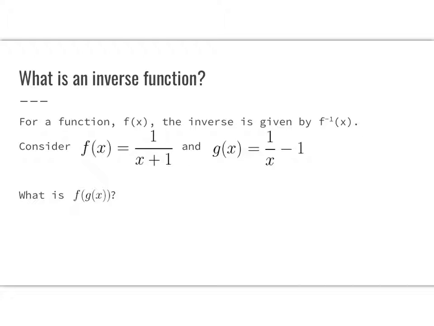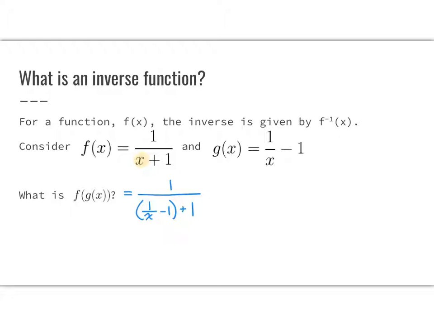So here, what about f of g of x? We're talking about taking this and plugging it in right there. So how is that going to look? It's going to be 1 over x minus 1 plus 1. We're just replacing this x with this entire expression, 1 over x minus 1.